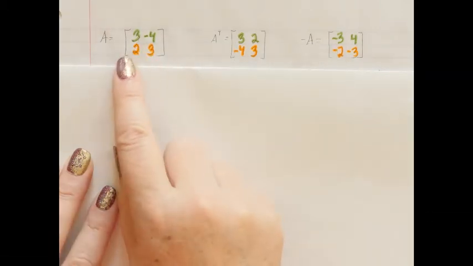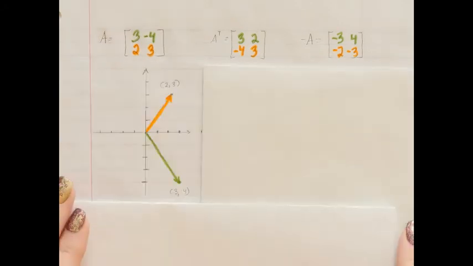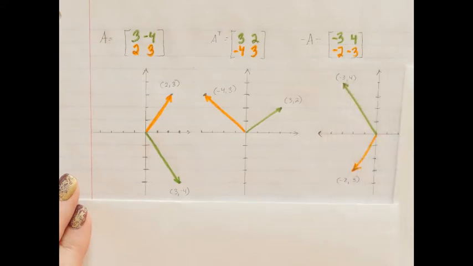By putting them in green and orange, you're able to identify them on the graph. So this is matrix A graphed. Doesn't look like anything, it just looks like a normal vector graph. Cool. This is A transpose. Still not thrilled, but we graphed it, okay. And there is negative A.